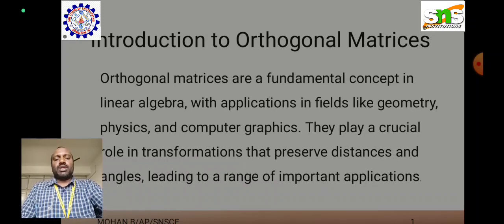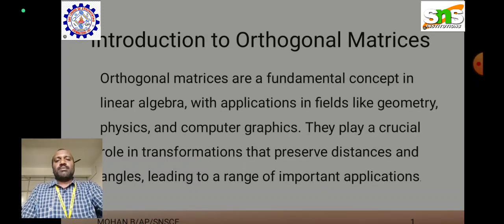Another way we know is that A inverse into A is equal to A into A inverse, which is equal to I. But every matrix has a unique inverse, so we need to find all the elements of the matrix to find the inverse, and everything will be different.